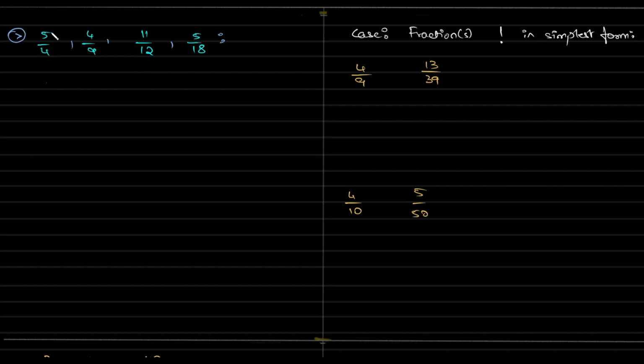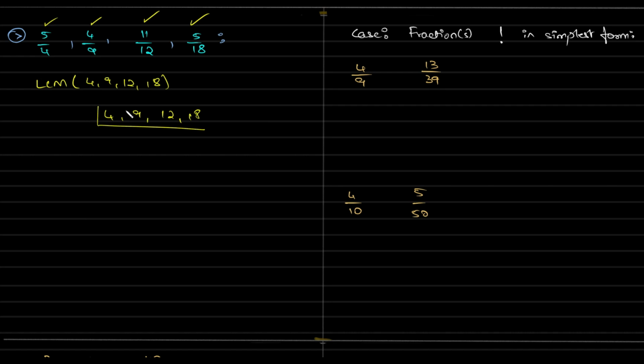So first step is, are they in the simplest form? This is in simplest form, this is also in simplest, this too is in simplest, yes, this is also in simplest. Next is the LCM between what numbers? Right, these are the set of numbers. So 4, 9, 12 and 18.